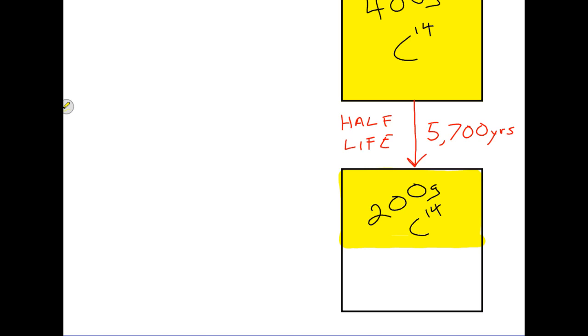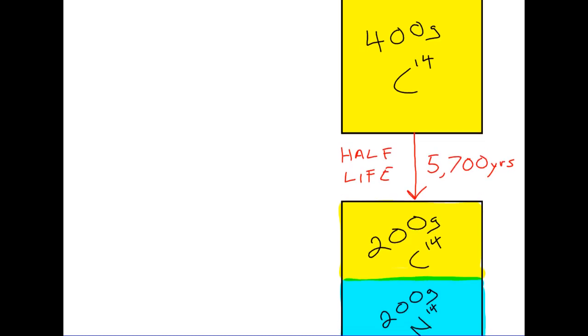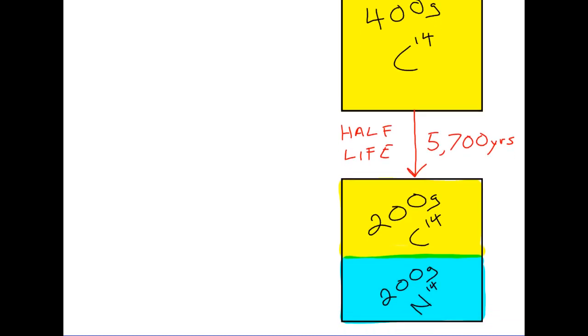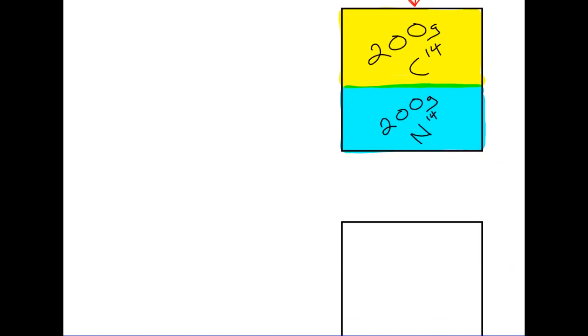Well, what about the other part? The other part is going to be the nitrogen-14, because that's what it decays into. So that makes sense. After one half-life, half of the carbon-14 is now decayed. Well, what happens next? What about another 5,700 years going by?